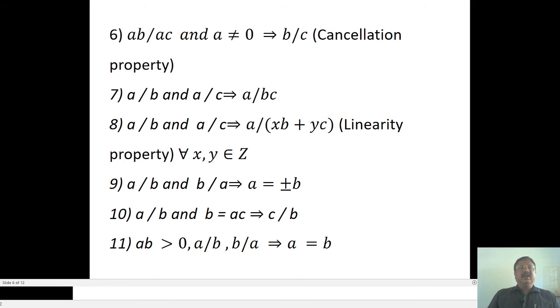Sixth, a divides b, b divides ac, and a not equal to 0 imply b divides c, that is cancellation property. Seventh, a divides b and a divides c imply a divides their multiple b into c.